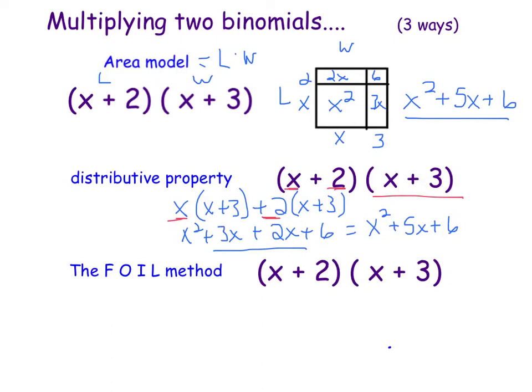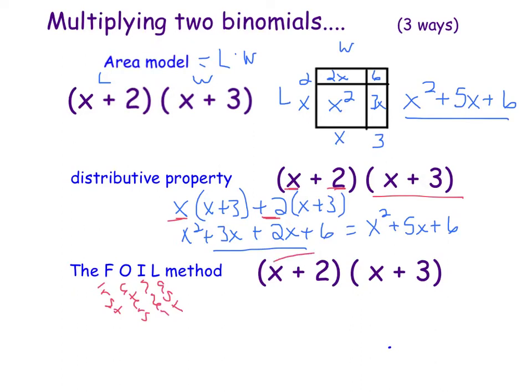My preferred method, though, is the FOIL method. The FOIL method stands for first, the first terms, the outer terms, the inner terms, and the last terms. It's a way for us to organize our multiplication.